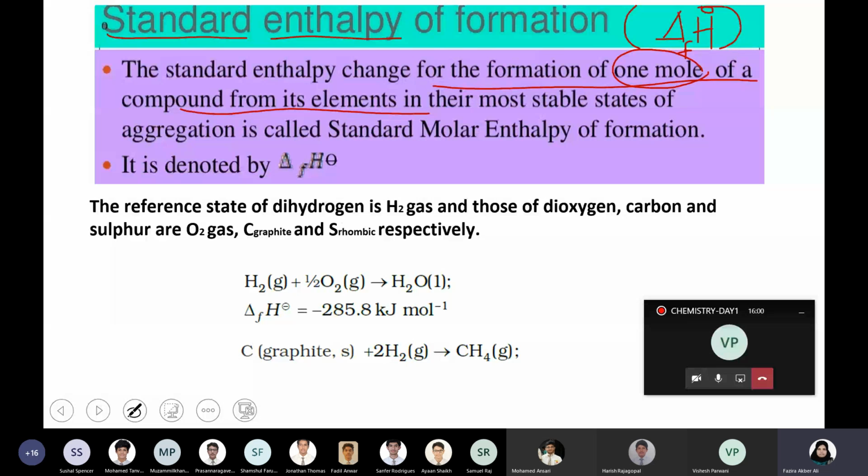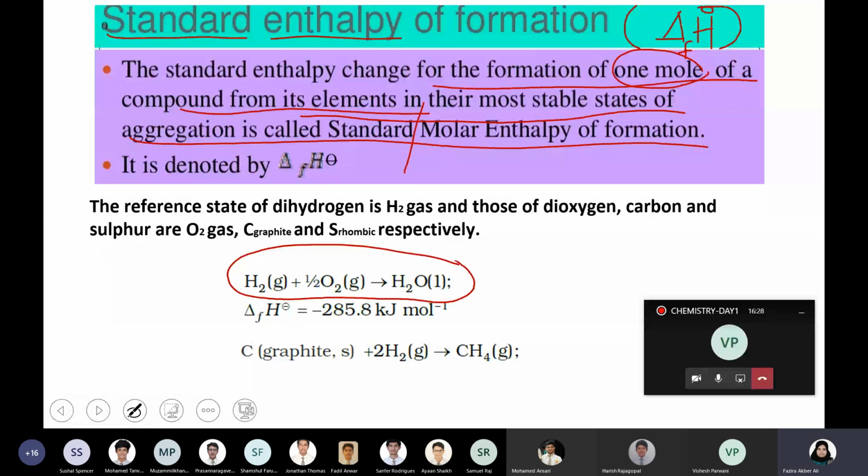It could be H2O, it could be carbon dioxide, it could be calcium carbonate, whatever it is, from its elements in their stable states is called standard or molar enthalpy of formation, because you have to prepare 1 mole of any compound from its elements under the standard state. For example, H2 plus half O2 giving H2O.